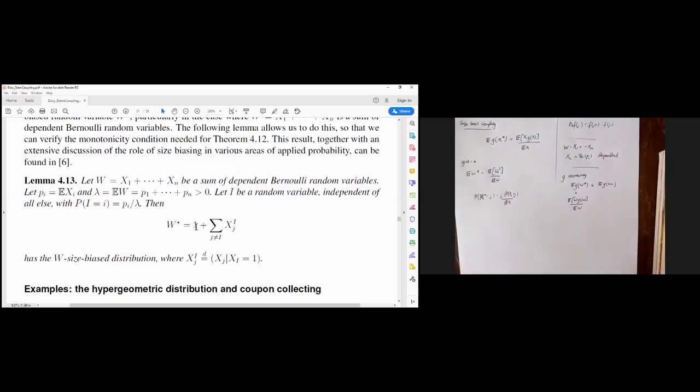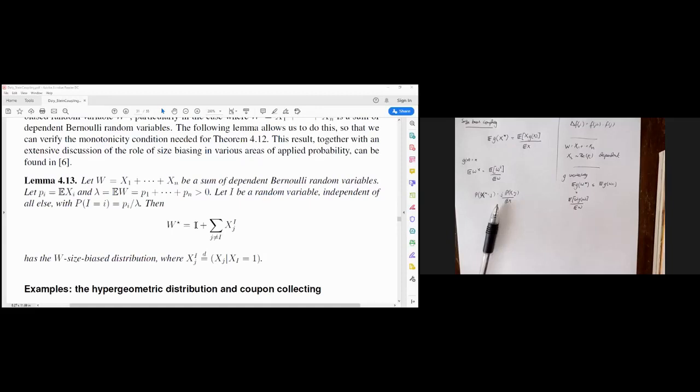Well, if that random variable x is Bernoulli and only takes values 0 or 1, then that definition tells me that a size biased version of that Bernoulli random variable is always going to be 1. So size biasing a Bernoulli random variable is particularly straightforward. I'm just replacing that Bernoulli random variable by 1.